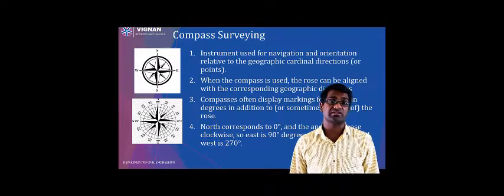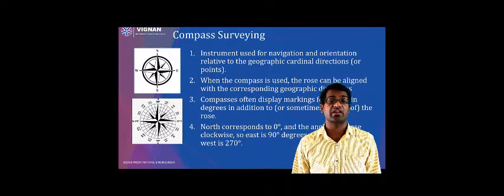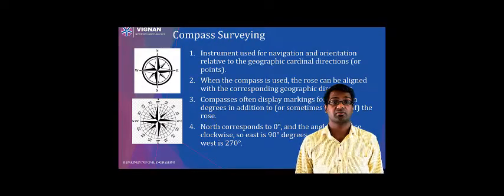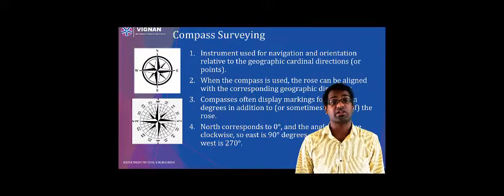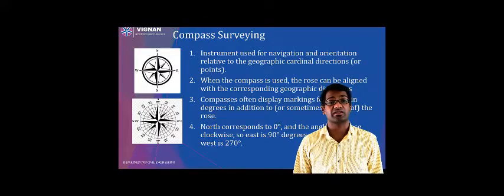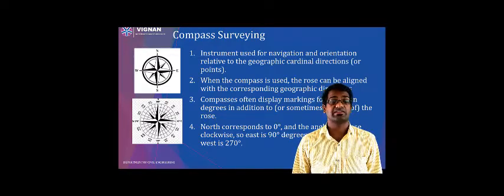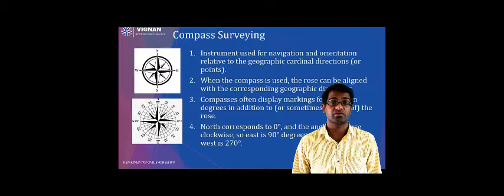Using this freely suspended magnetic needle, we can easily calculate the angle made by the line with reference to the north. But first of all, you have to know why a freely suspended magnetic needle actually shows north. I would like to take you to the explanation of an expert in the following video.